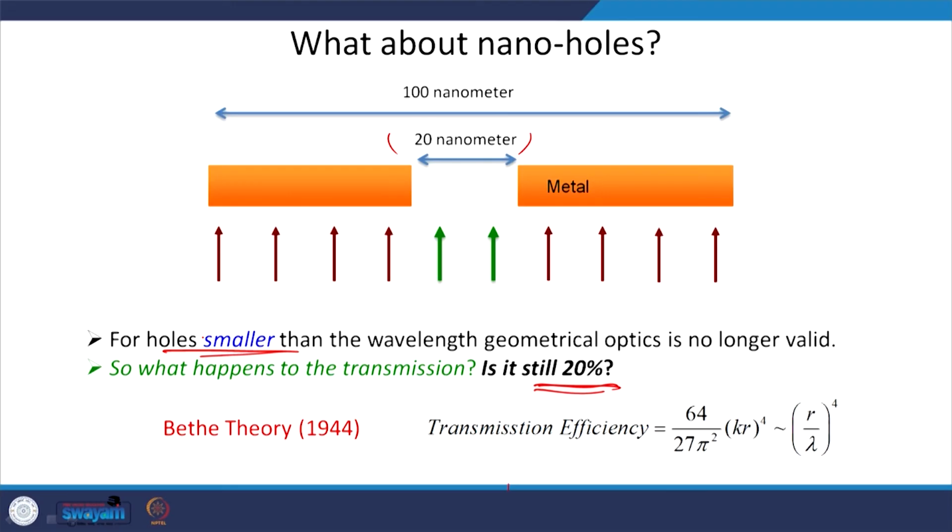In 1944 Bethe predicted that the transmission efficiency of such structures is inversely proportional to lambda. So, if you have r much smaller, the transmission efficiency will be practically 0. It has to be 0, that is what he predicted.